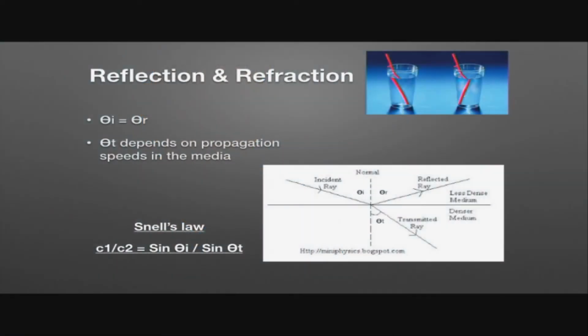This is dependent on Snell's law. And Snell's law says that the propagation speed in 1 divided by propagation speed in 2 is equal to the sine of the incident angle divided by the sine of the transmitted angle.